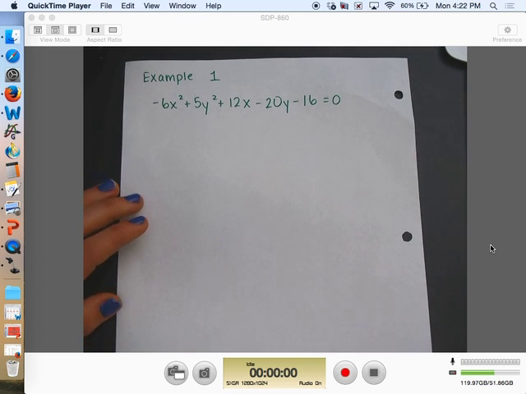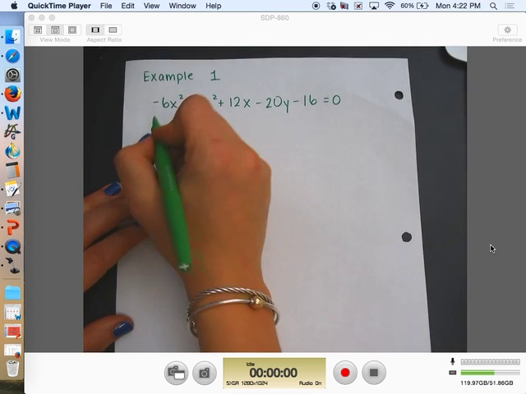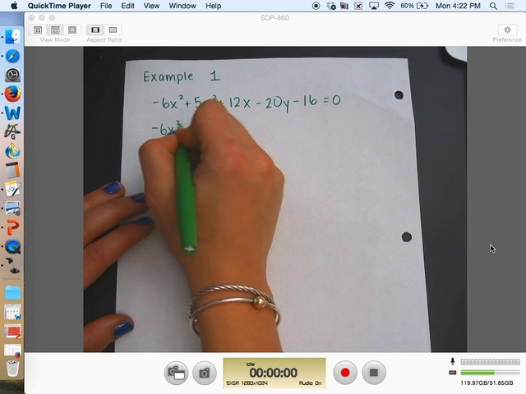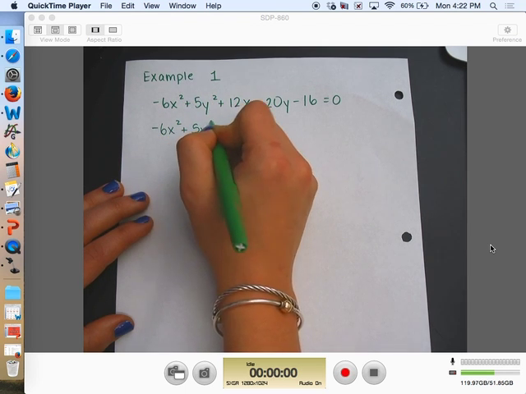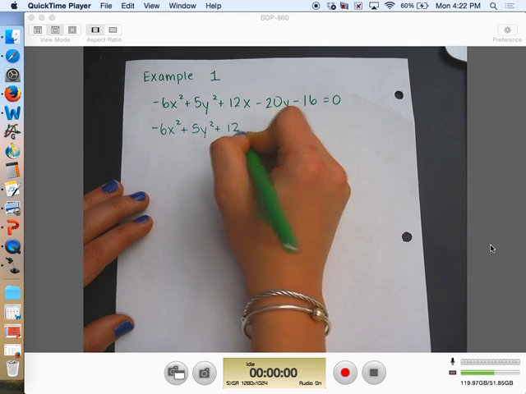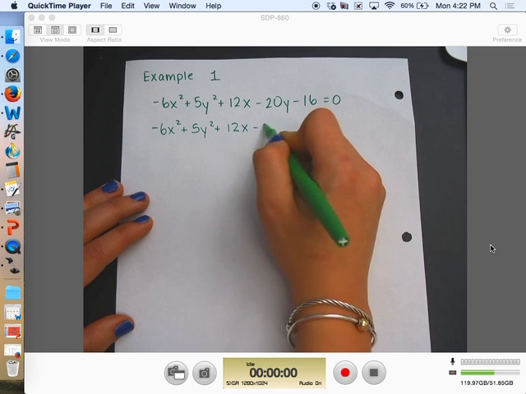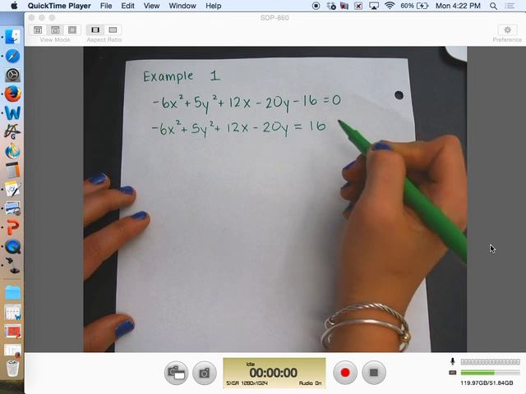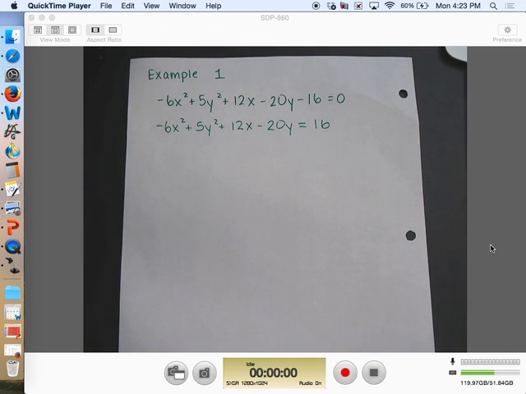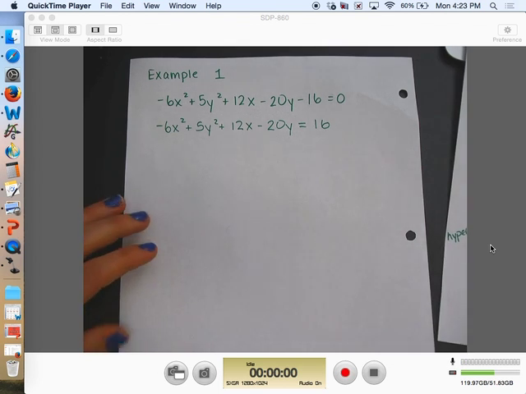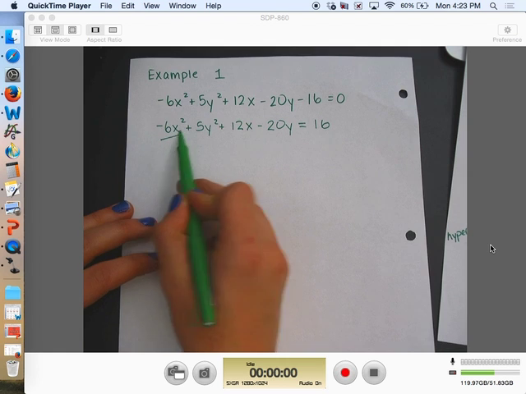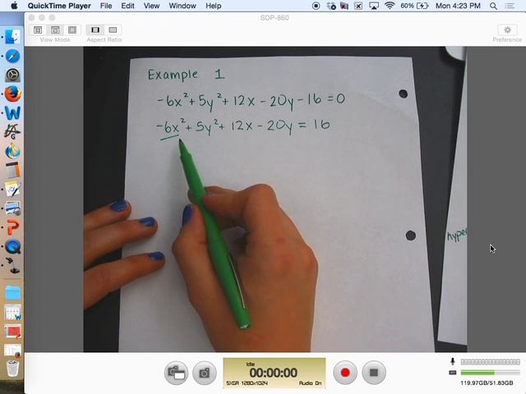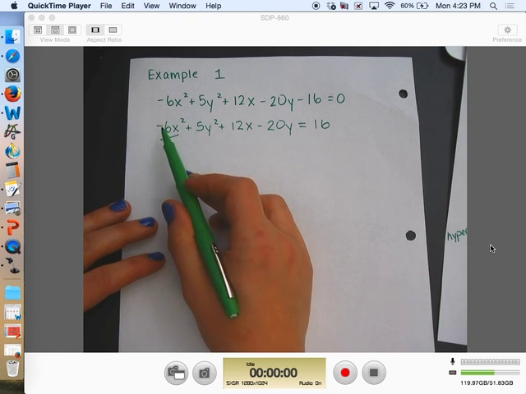My first step, I'm going to move the constant over to the right. In my next step, I need to group my x's and my y's together. Remember, for a hyperbola, the value that is negative needs to go second. So first, I'm going to put my y's.